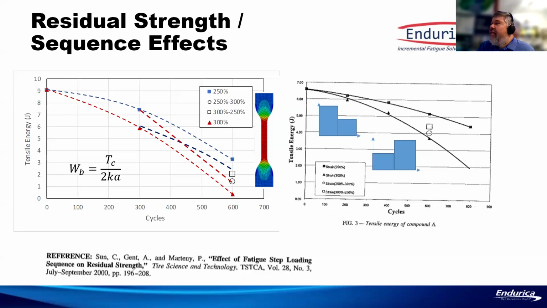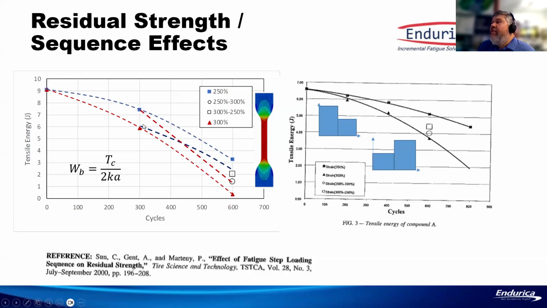Sometimes there's a sequence effect. You can see the experimental results on the right here. Sun, Gent, and Martini predicted that a step down test is less damaging than a step up test in a filled rubber, whereas Miner's rule would have predicted those would be the same.